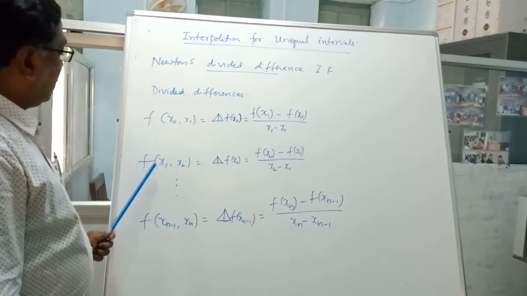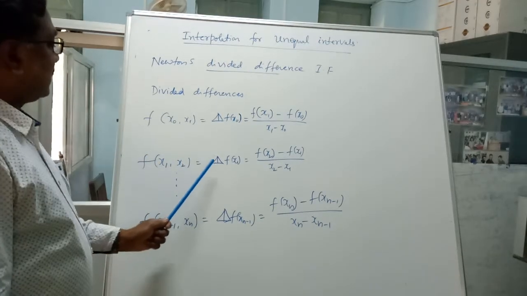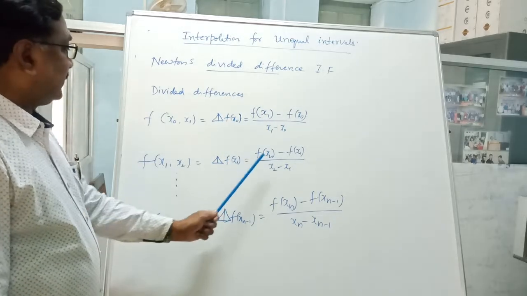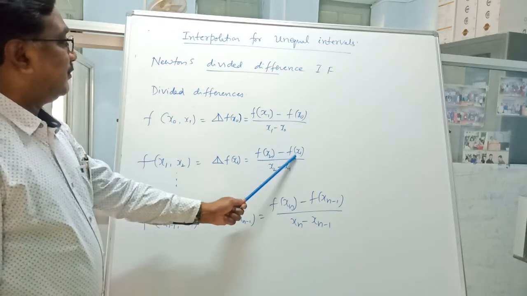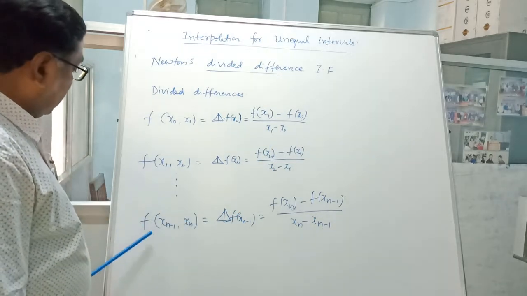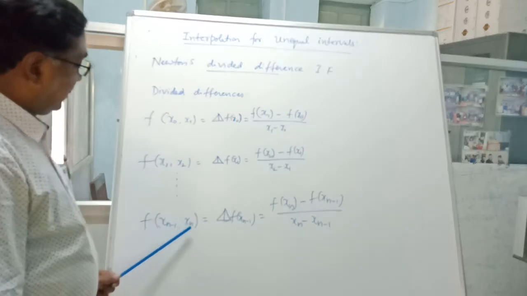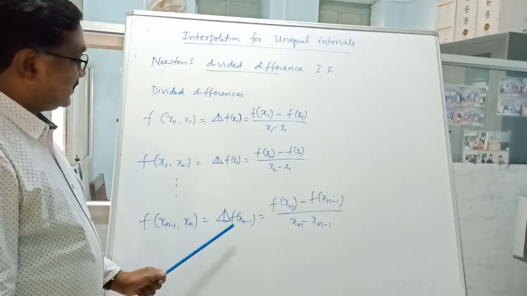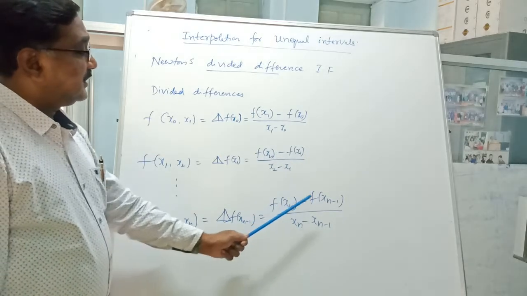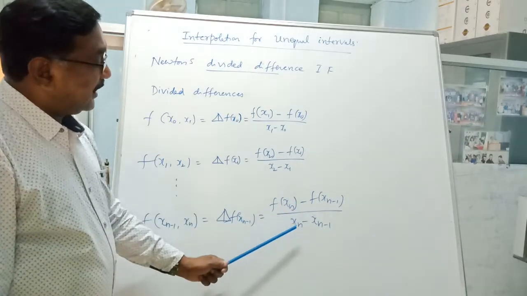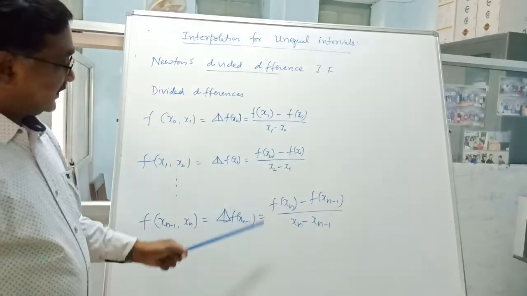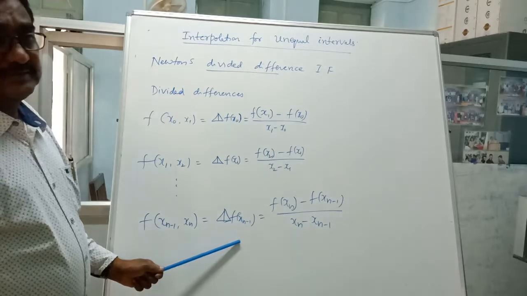Similarly, f of x1, x2, that is delta f of x1, is equal to f of x2 minus f of x1 divided by x2 minus x1. And so on, f of x n minus 1, x n, is equal to f of x n minus f of x n minus 1 divided by x n minus x n minus 1. These are all called the first divided differences.